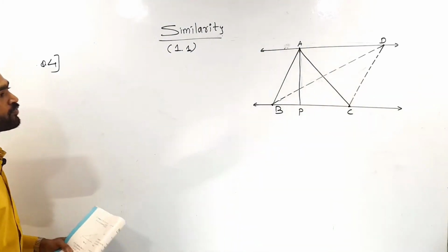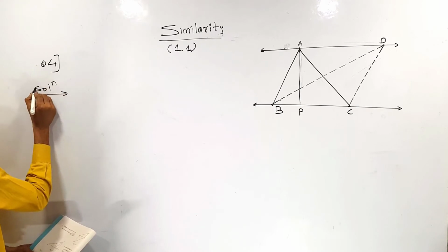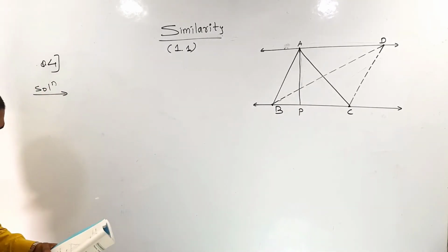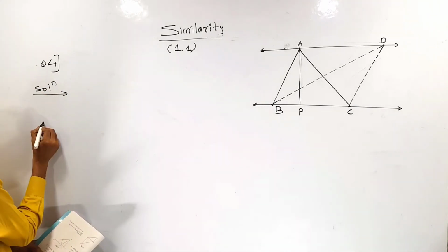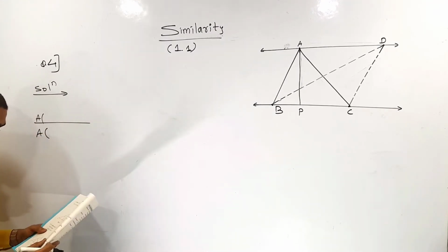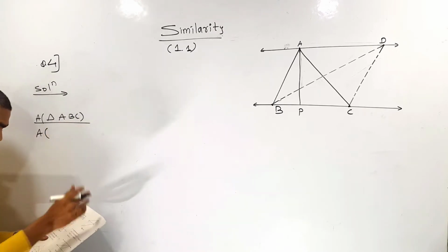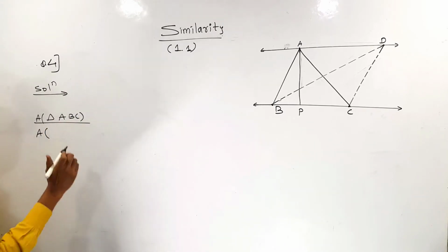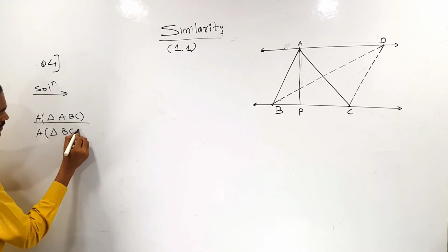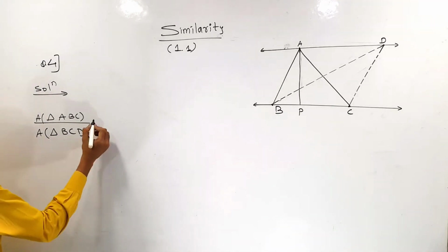And here we need to find, let us see the solution, the ratio of areas of two triangles. The first one is triangle ABC and the second is triangle DCB. This we need to find.